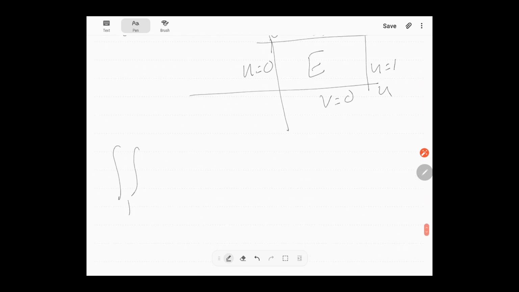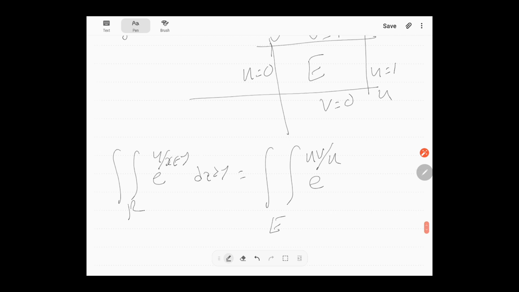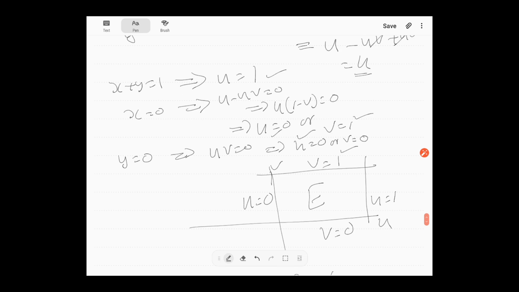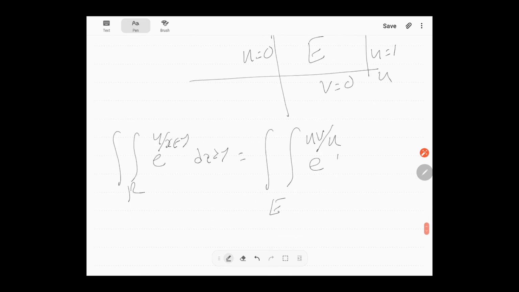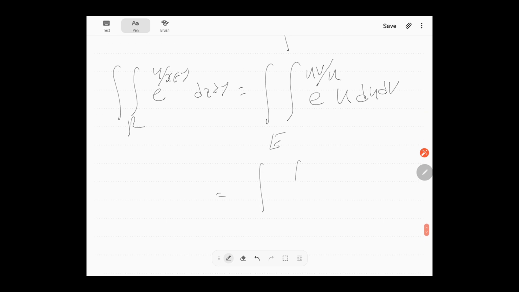Therefore, the double integral over R of e power y by x plus y dx dy becomes the double integral of e power uv by u, times the Jacobian, which I calculated as u, du dv. Now I take the limits as 0 to 1, 0 to 1, e power v into u du dv.